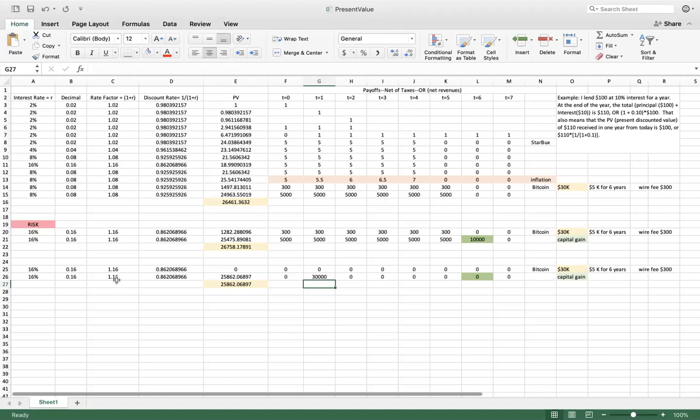But I know that there's a lot of uncertainty, so again, I have a high discount rate here. Well, I'm netting $25,862, as opposed to the net present value that we calculated before, which was the $17,000 present value, right?